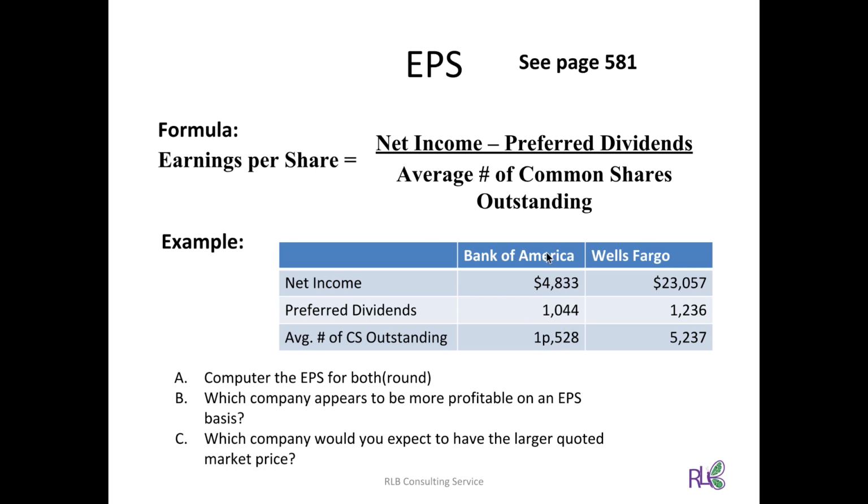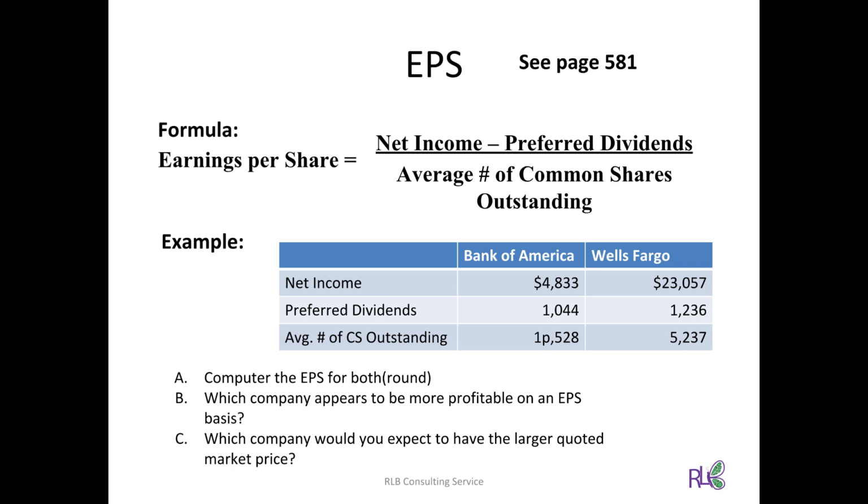So in this example, you have some numbers for Bank of America and Wells Fargo. What I want you to do is calculate the earnings per share, EPS, for Bank of America and for Wells Fargo. And then I want you to figure out which company, as in letter B, seems to be more profitable. And then which would you expect to have a larger quoted market price?